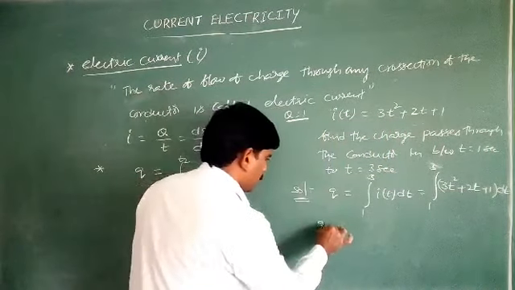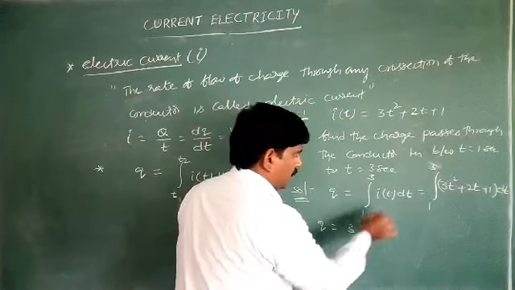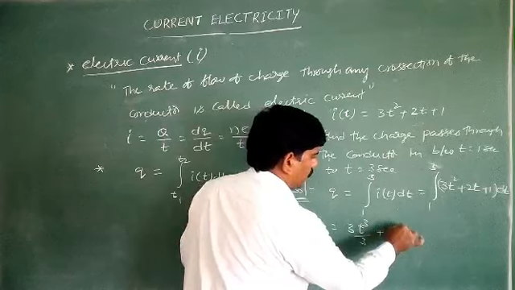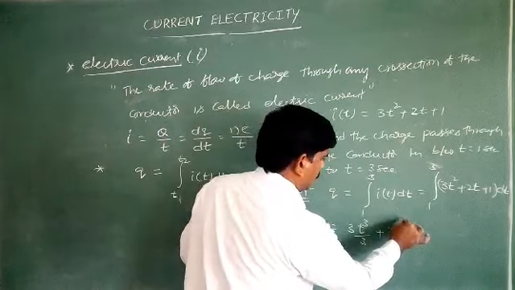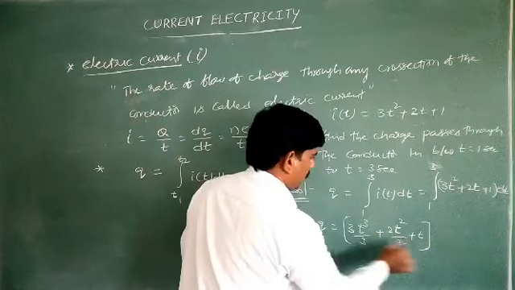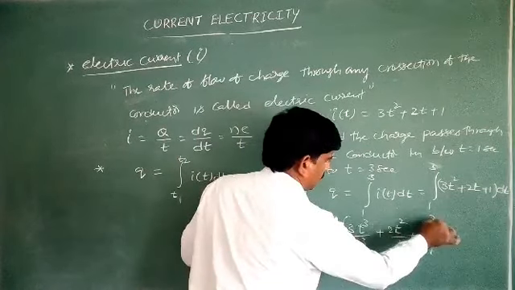So q is equal to t cube by 3 times 3, plus 2 into t square by 2, plus t, within the limits from 1 to 3 seconds.